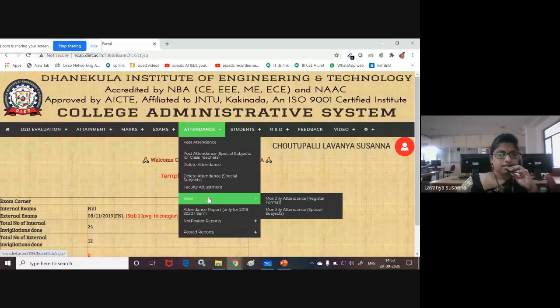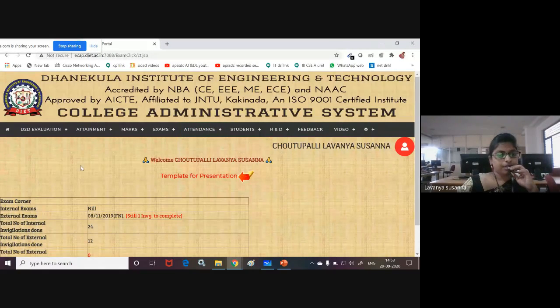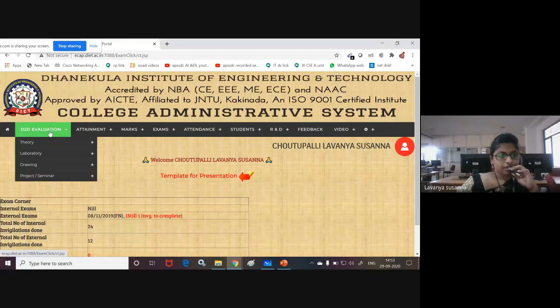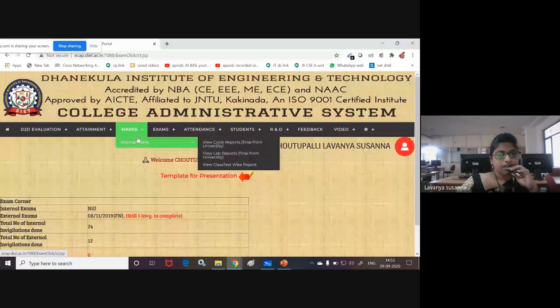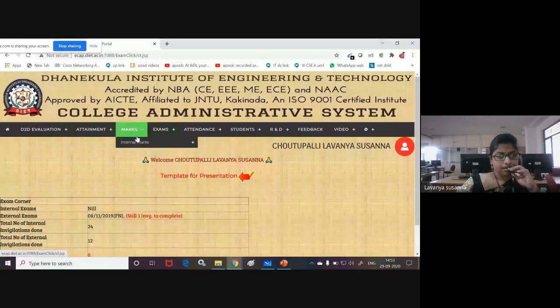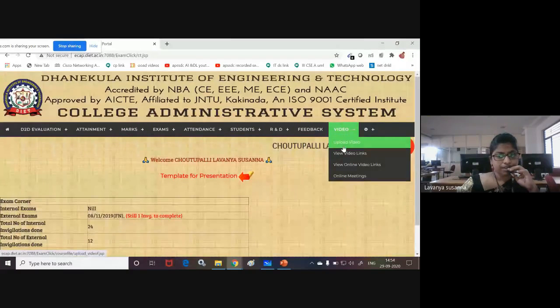You need to draw the use case diagram. That's why I'm explaining. I took the application college administrative system or information system of the college. Here, after login into the system, these are the functionalities provided for the faculty. Next, I can view the uploaded videos. I can view the online videos.